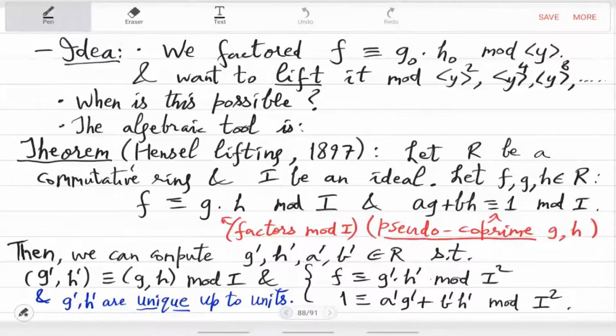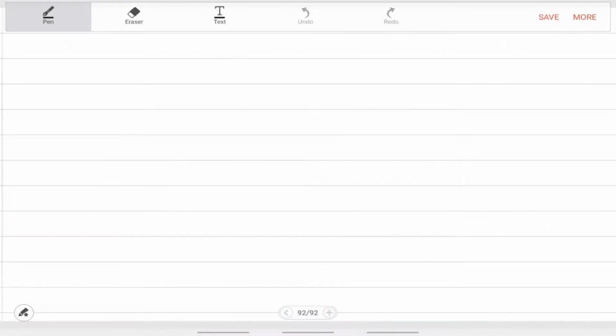So that actually is again a long calculation in itself, the special case. So let us do that next. So a corollary of Hensel lifting.